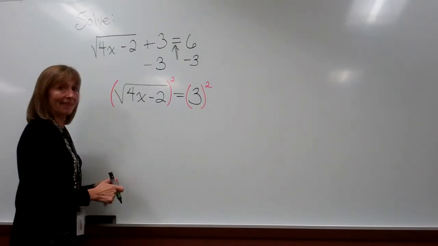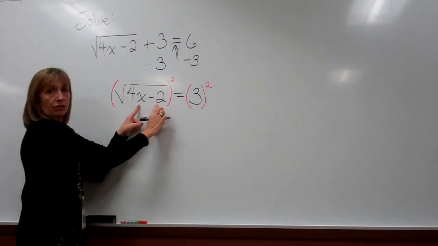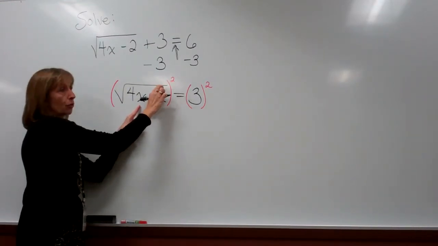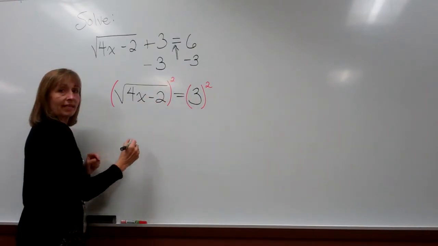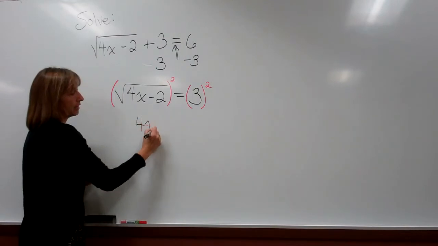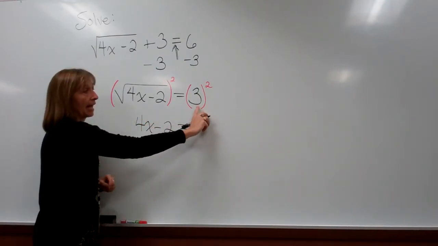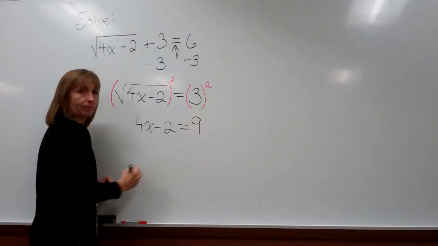Now notice on the left-hand side, the square root of my 4x minus 2 to the second power and square root are opposite operations. So on the left-hand side, you're just left with the 4x minus 2. And on the right-hand side, I actually have 3 squared, and 3 squared is equal to 9.